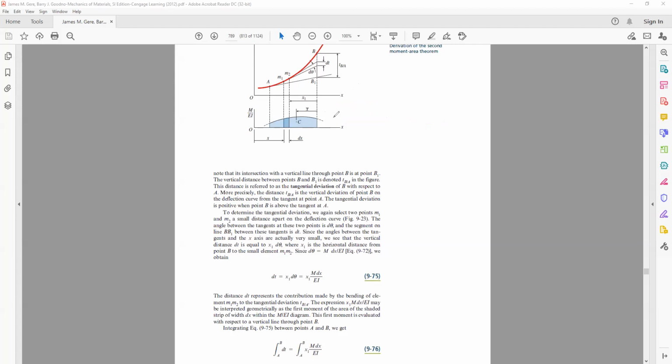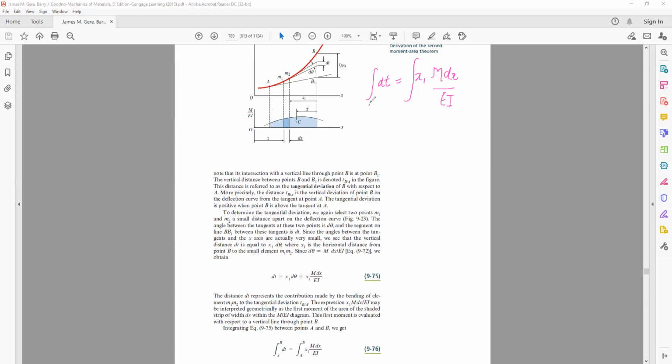While deriving the second moment area theorem, we obtained the expression integral dt is equal to integral of x1 M dx divided by EI.